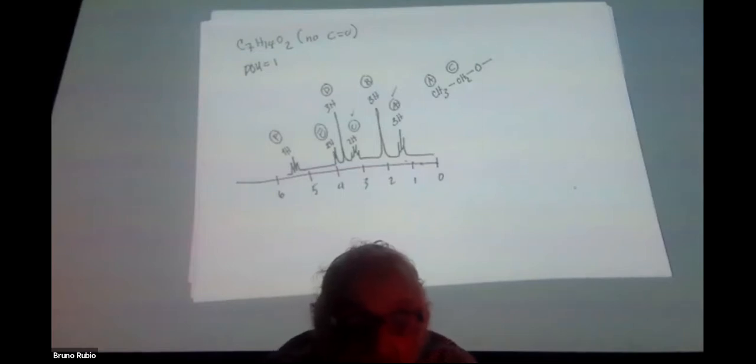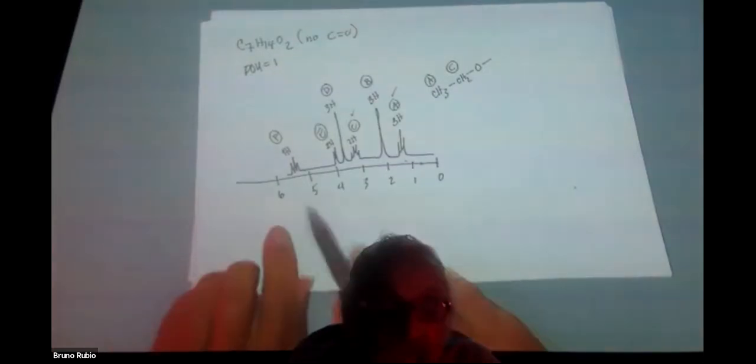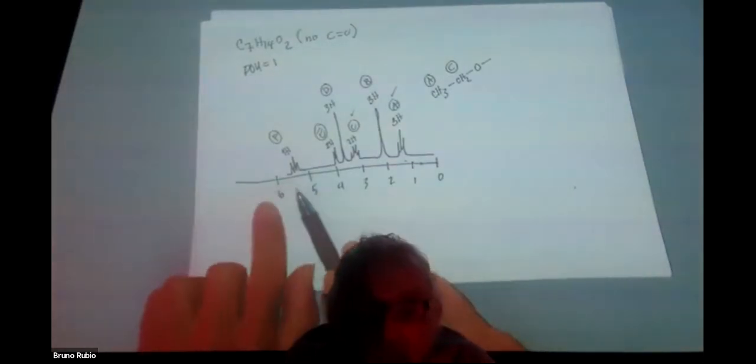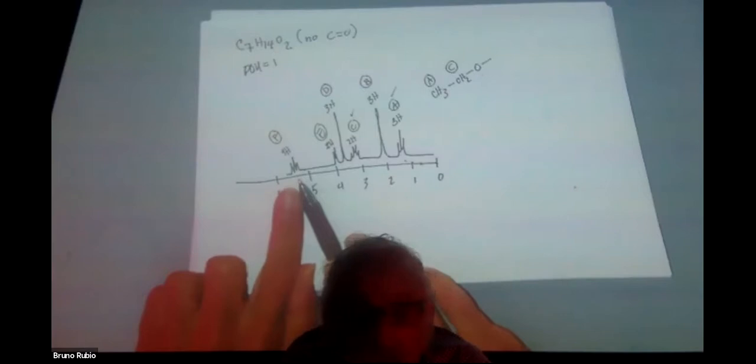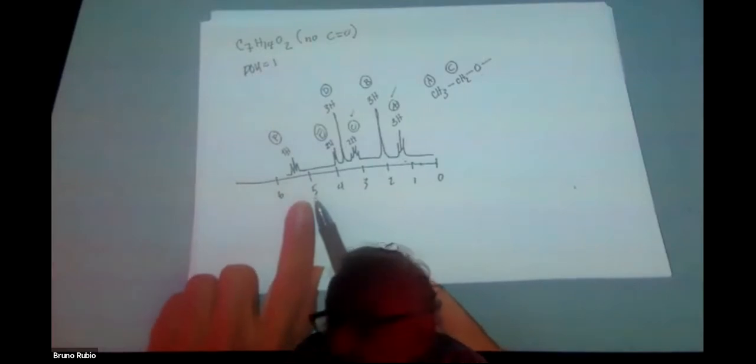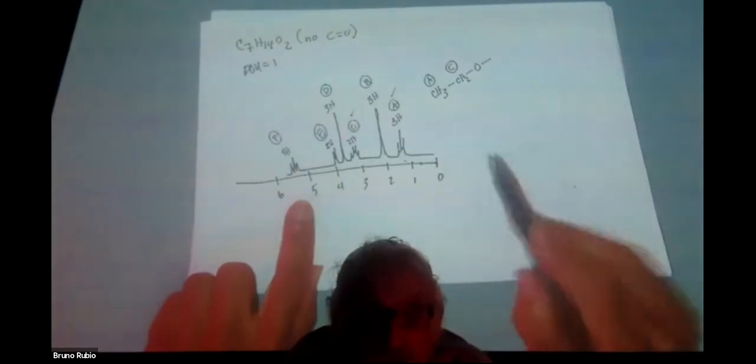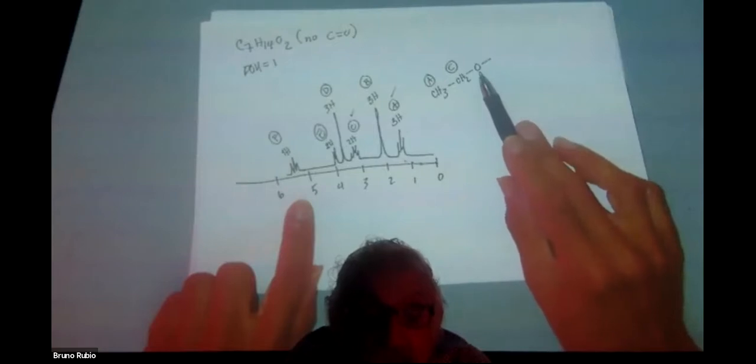Okay, and so now let's look at the most downfield signal. This is a one hydrogen triplet. And look how far downfield it is. So what is the chemical shift telling you about this guy is that it's probably close to this electronegative oxygen, right?